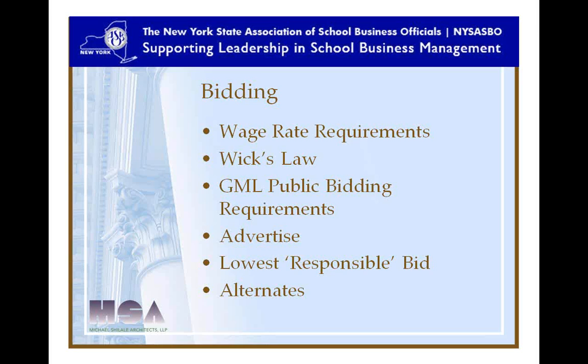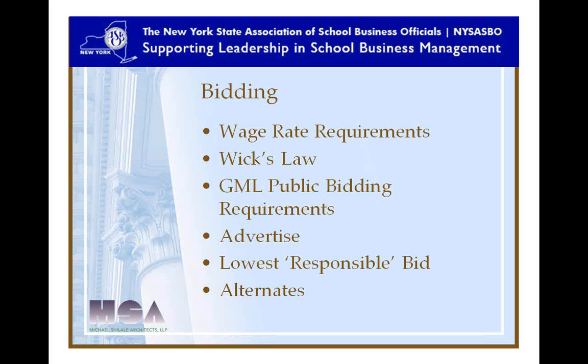We'd like to have that whole Wicks Law thing tossed out. We believe that saves, and there's studies out there that it saves 20 to 30% in your construction projects. If you have any opportunity to speak with your elected officials, I would encourage them to look at Wicks reform.